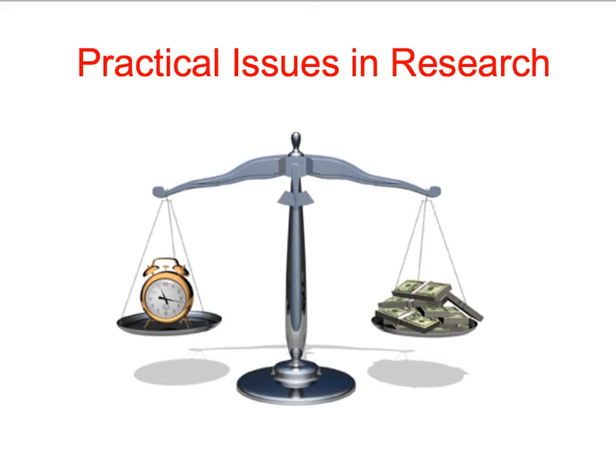And two of the most important practical issues that sociologists have to take into account when they're doing research are time and money. So obviously sociologists, when they're selecting a particular approach to research, need to evaluate whether or not that approach is affordable and whether or not they've got the time to complete it.